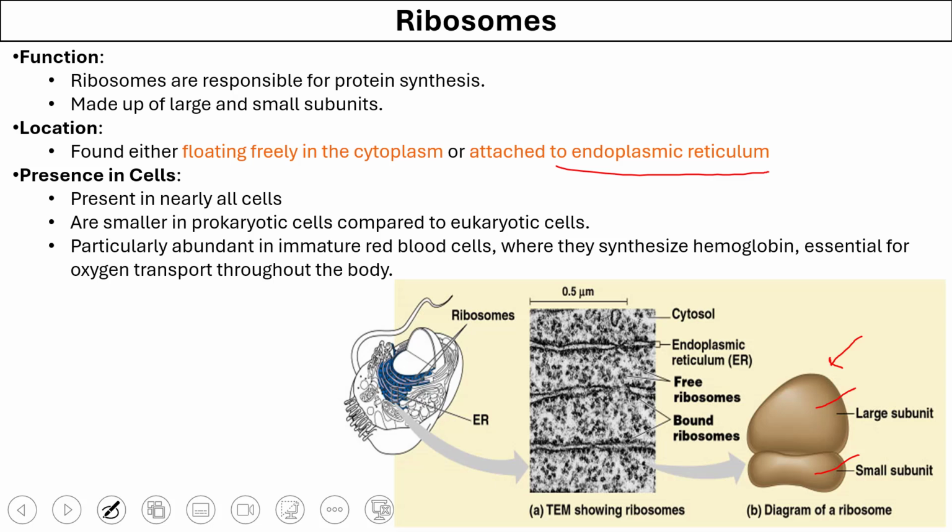Ribosomes are present in almost all kinds of cells, even in the prokaryotic cells, although they are a bit smaller in the prokaryotic cells. They are present abundantly in the immature red blood cells, where they synthesize hemoglobin, and hemoglobin, you know, is the protein that carries oxygen throughout the body.